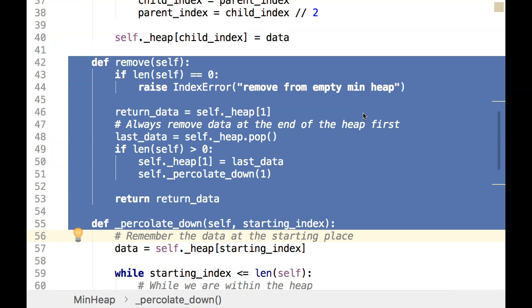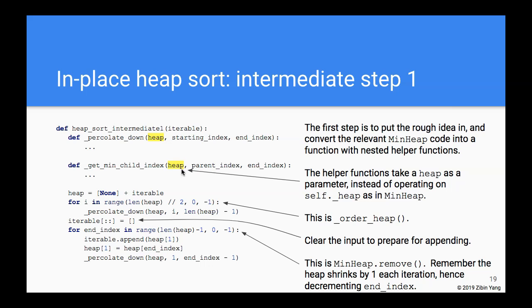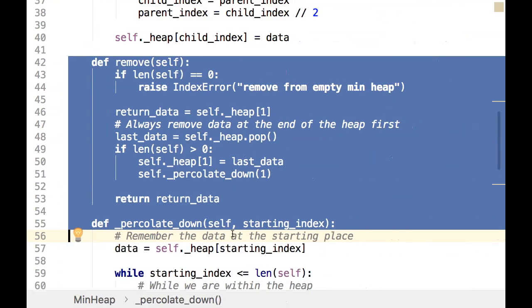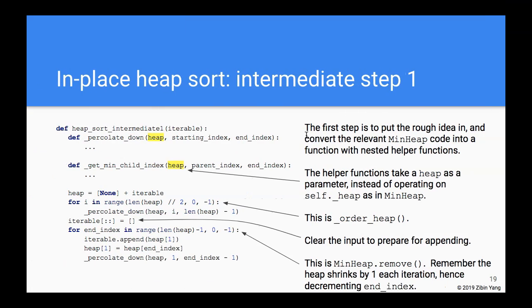And if you remember, the remove is basically a few lines of code, but most of the work it does is the percolate down. So that's what I moved over, the percolate down operation. And the percolate down itself needs the get min child index, so that's also what I moved over.